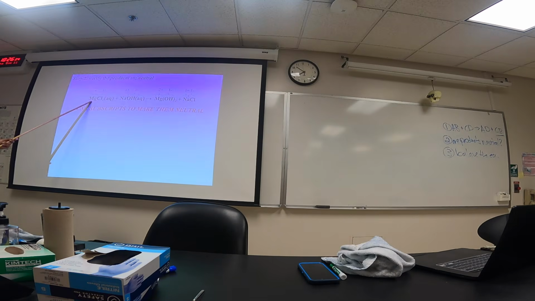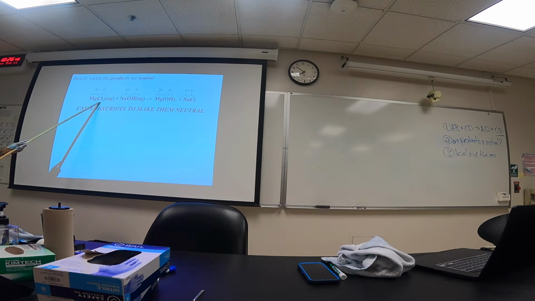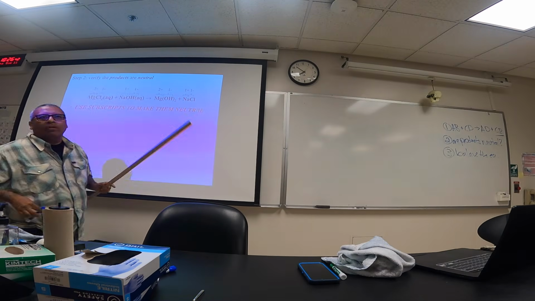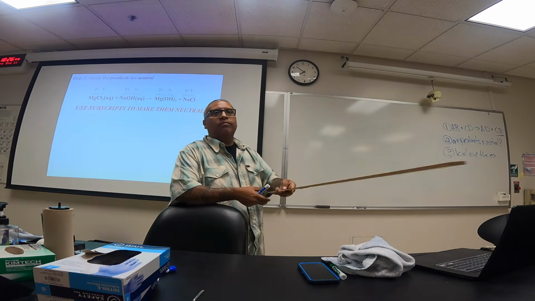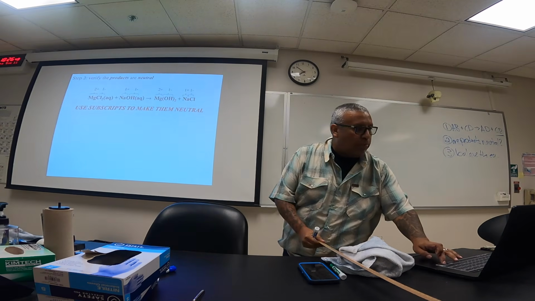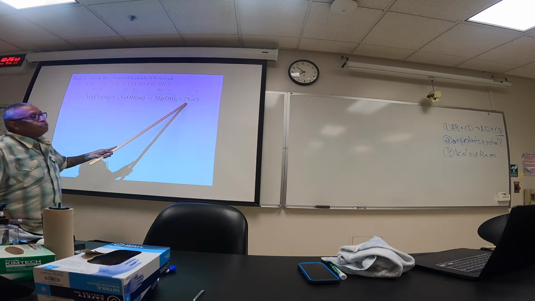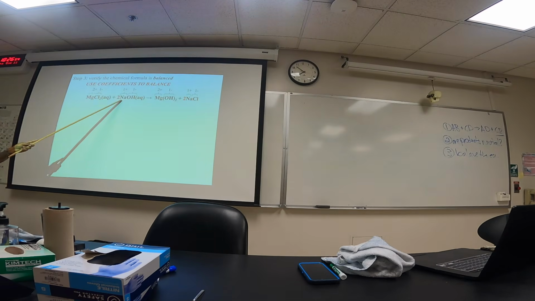How much magnesium do I have here? And over here I have, how much chloride do I have here? And over here I have, so what number could we put in front of the sodium chloride? 2. And if we put 2 in front of there, that means I have 2 sodiums. So over here, I'm just going to put a number 2. And now we have 2 sodiums.